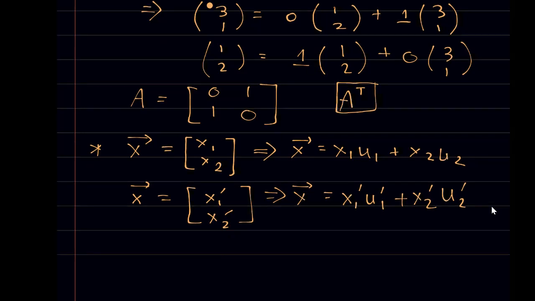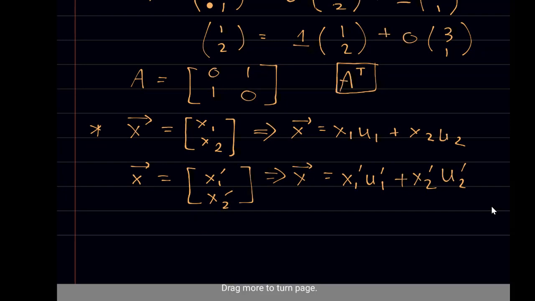Now what I can see from here is a very interesting thing. I start with the X vector, then I write it in terms of, let's do it in a new page. That would be better. So I'll start with X equals x1 prime u1 prime plus x2 prime u2 prime.